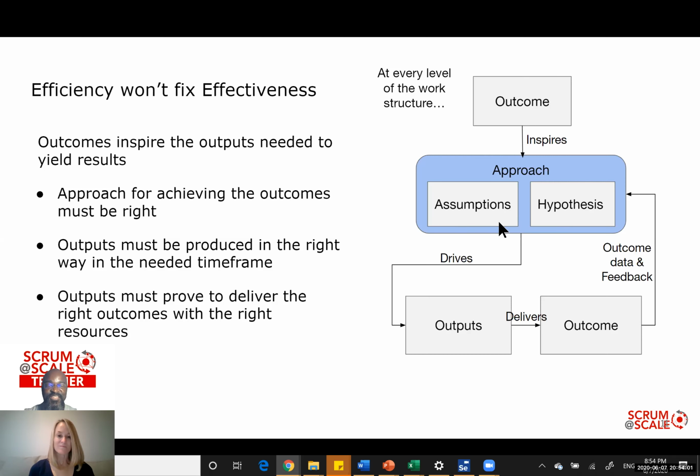First, the assumption that you started with. Second, the outputs that you're producing. I'm assuming that I'm doing something and I'm going to produce these outputs, and I'm producing these outputs in order to create this outcome. So your hypothesis is going to describe the relationship between the assumptions, your outputs, and your outcome.